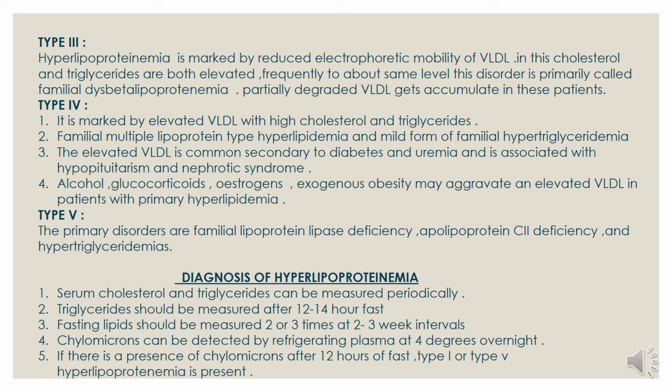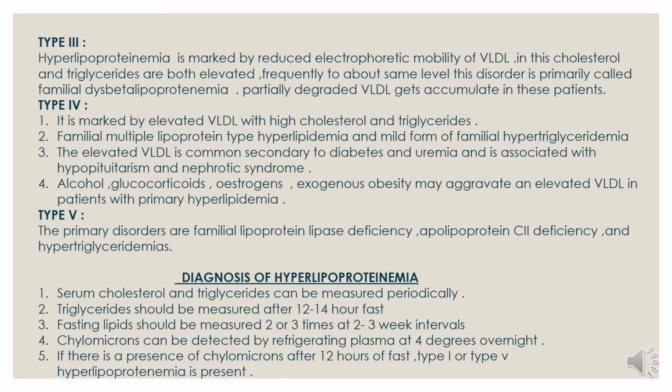Type 4 is marked by elevated VLDL with high cholesterol and triglycerides, familial multiple lipoprotein type hyperlipidemia, and a mild form of familial hypertriglyceridemia. The elevated VLDL is common secondary to diabetes and uremia, and is associated with hypopituitarism and nephrotic syndrome.